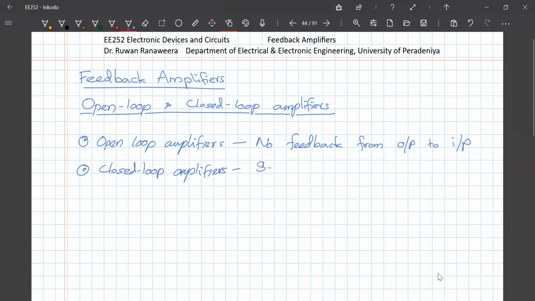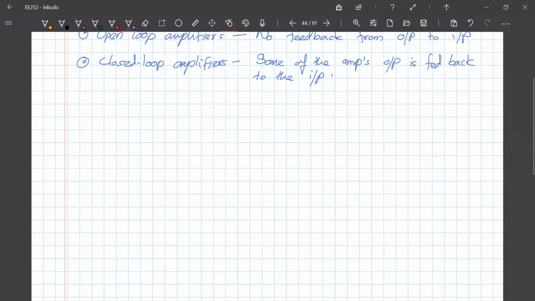Some of the amplifier's output is fed back to the input, often as a negative feedback. What that means is, if the output increases, the input is reduced so that the output will be reduced. So that is called the negative feedback.